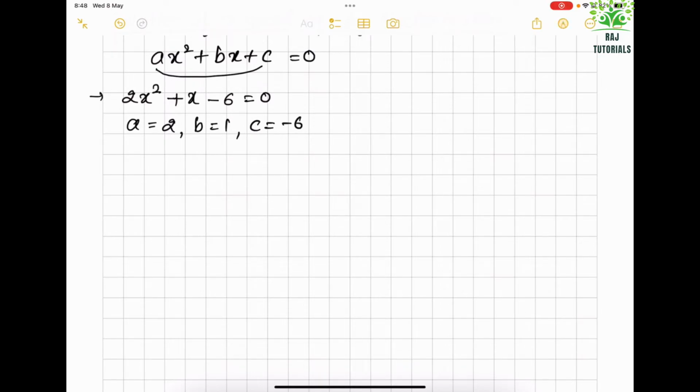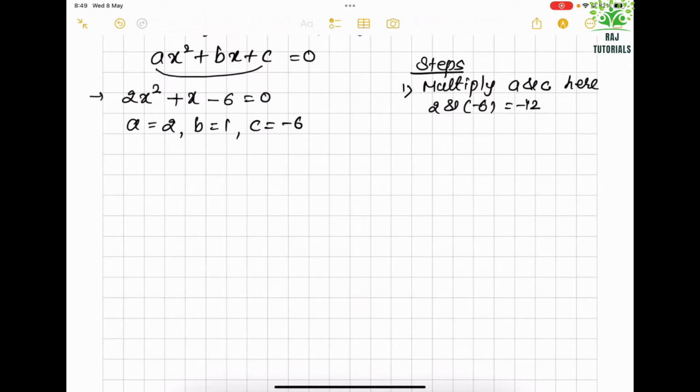I am writing the steps here, what you should do. First, multiply a and c: here, 2 and minus 6. So the answer will be minus 12.